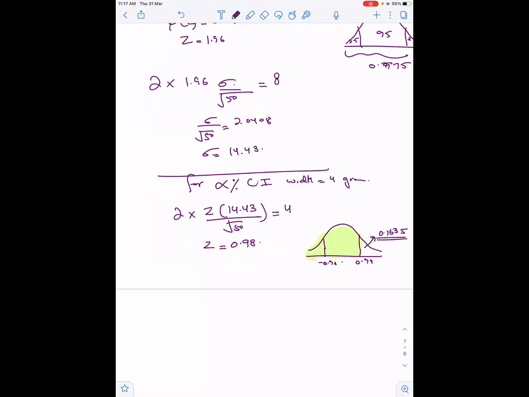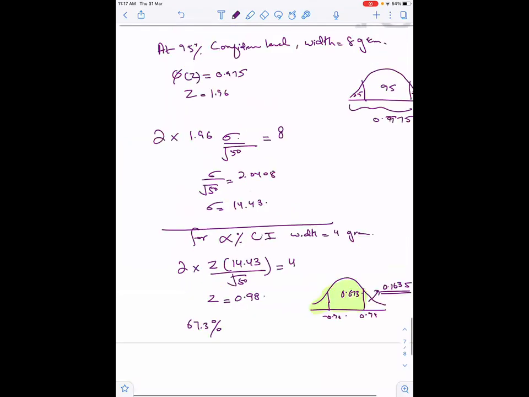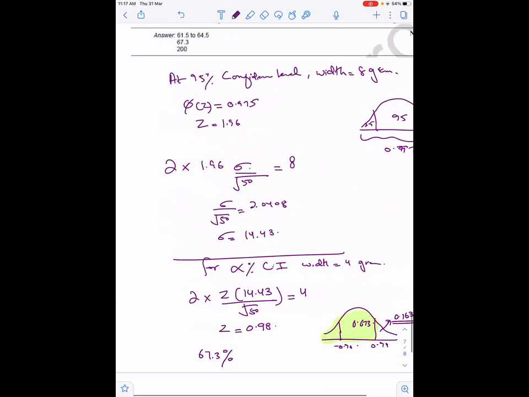I'm multiplying this by 2 and subtracting it from 1, because if I multiply by 2 I get both tails, and subtracting from 1 gives the central area, which is 0.673. So 67.3% is the answer for the first part. It's correct.